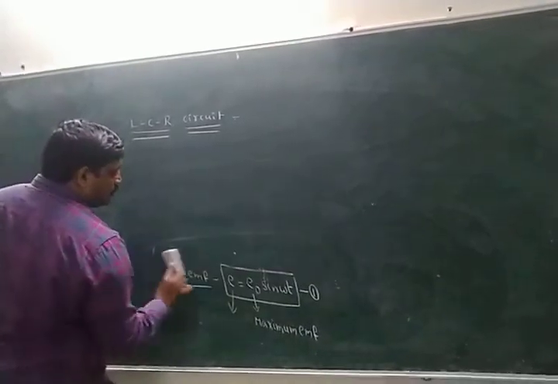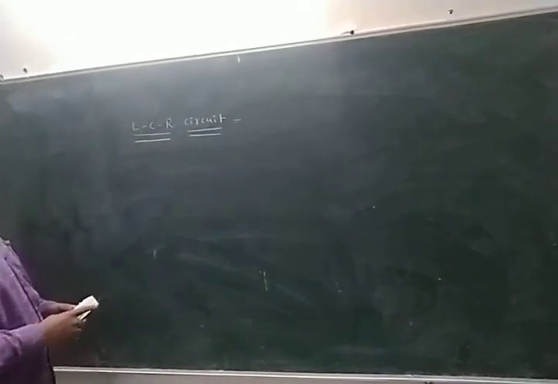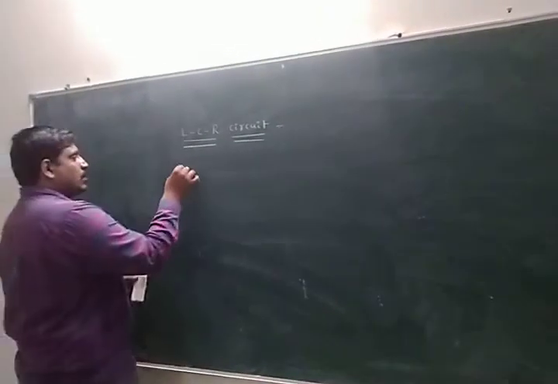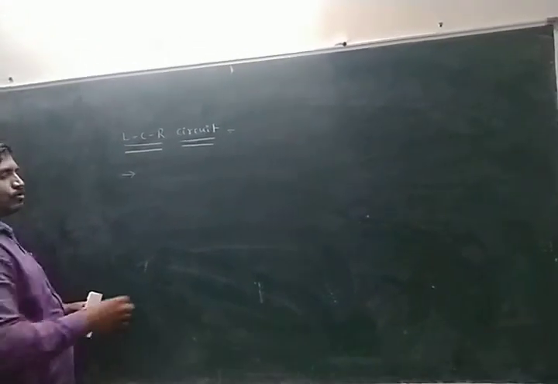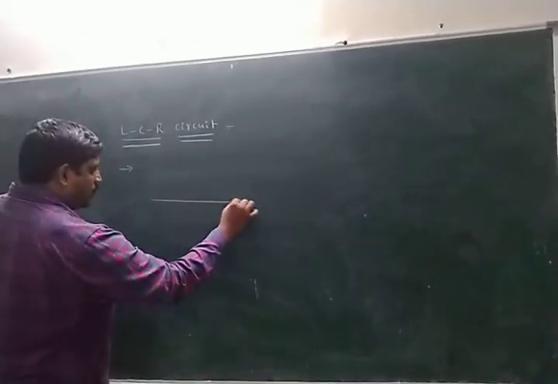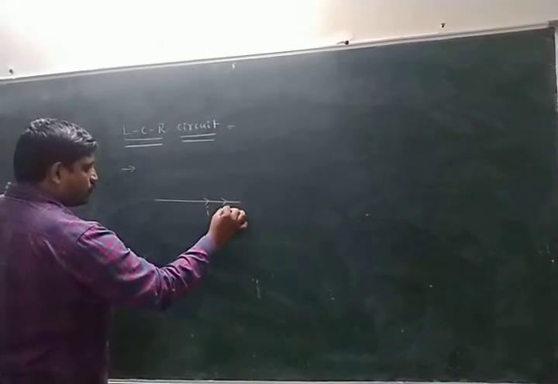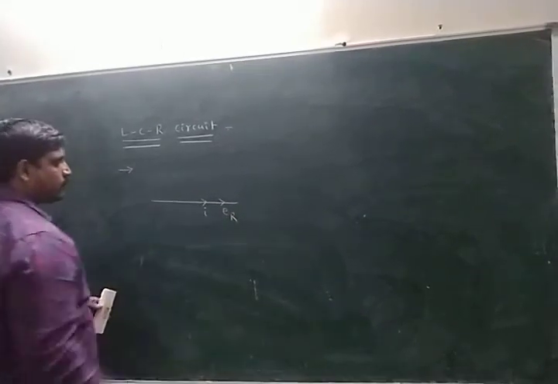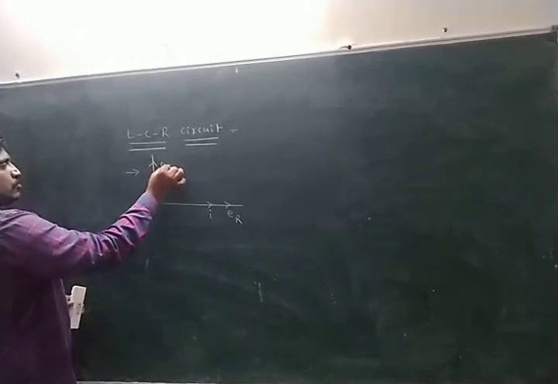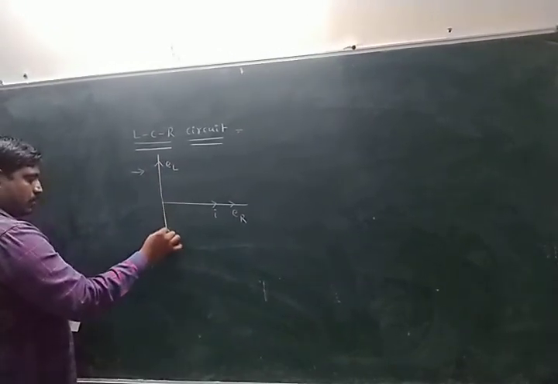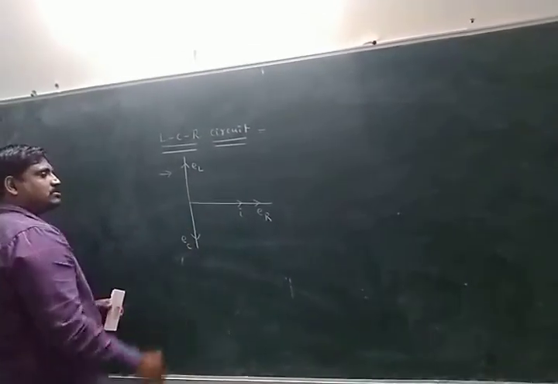Here inductor, capacitor, resistor all are connected in series. Here, the phase diagram we know that. On the x-axis current is there. EMF is connected through R. This is EMF connected through L, inductor. This is EMF connected to capacitor.